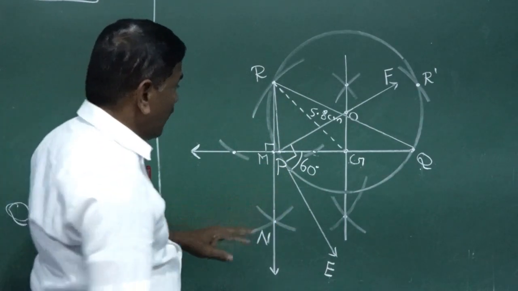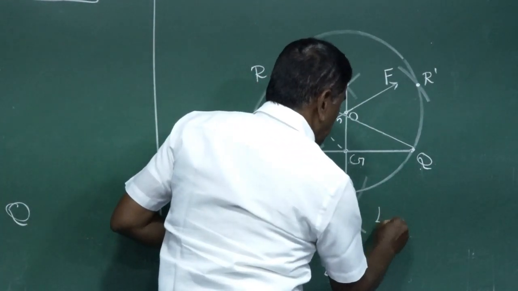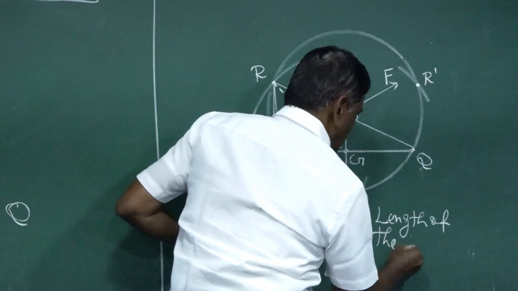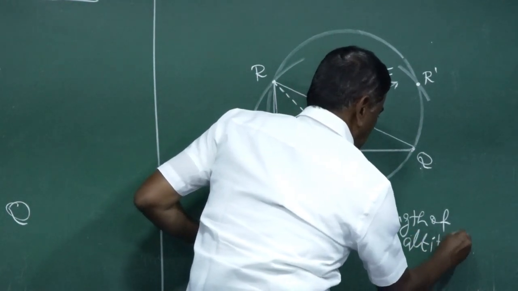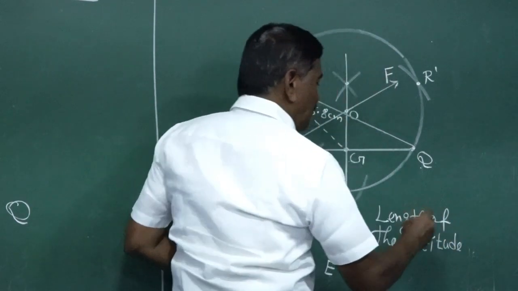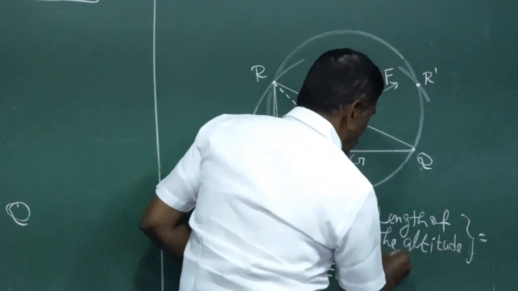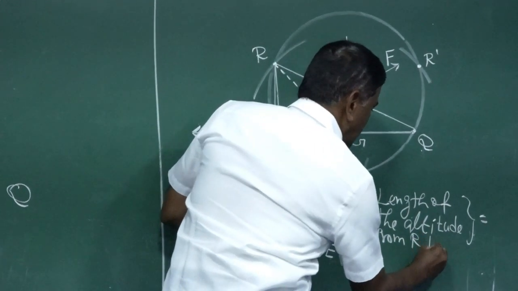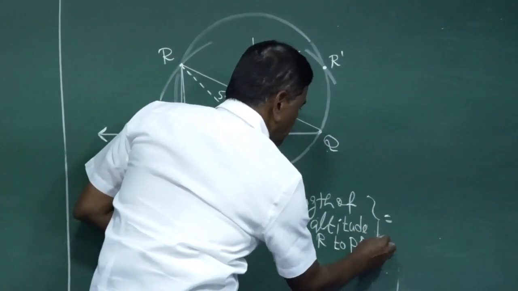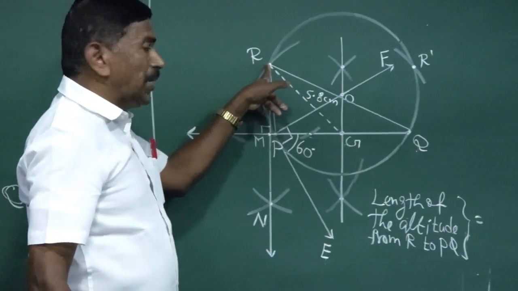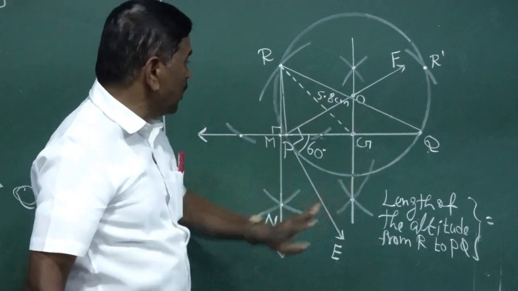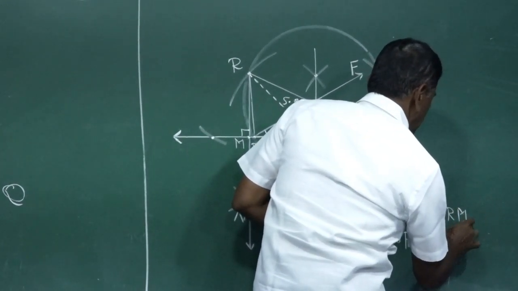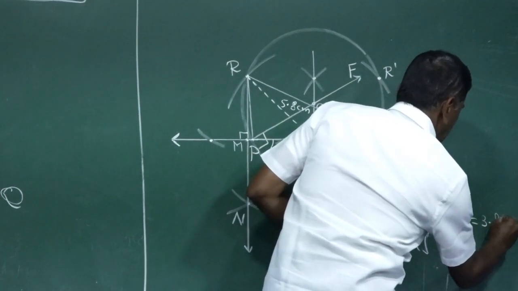Now below the diagram or right of the diagram, write: length of the altitude from R to PQ is equal to RM, which is equal to 3.8 centimeter.